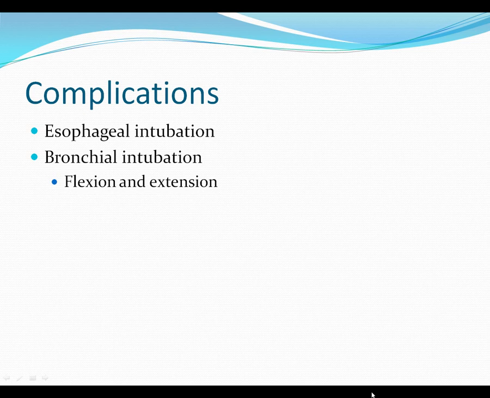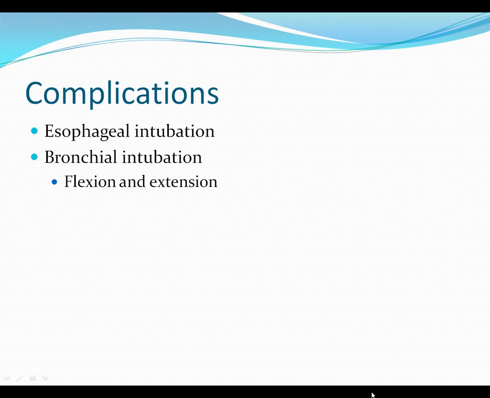If that does happen, has anyone left the tube in and then put the blade in to look for the second attempt? Or you just pull it out pretty much and mask? So if the patient is not desaturating and you recognize an esophageal intubation, you can put the laryngoscope back in, and then that existing tube can at least act as a place marker for the esophagus, and you go just anterior to that.